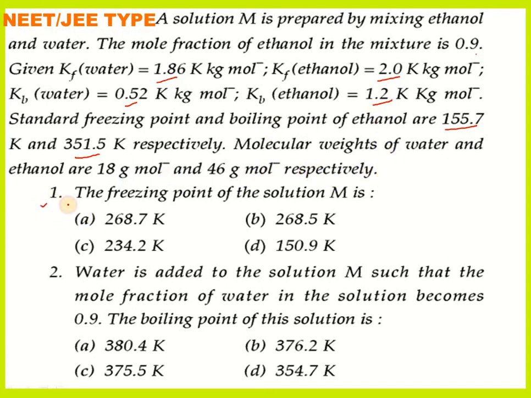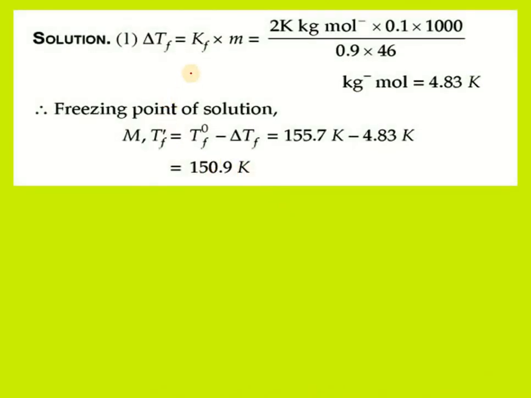So we have a question here: the freezing point of solution M is how much? Let us see. First, we have the formula ΔTf equals Kf into m. We substitute the values, and after substituting the molality and so on, we got 4.83 for ΔTf.